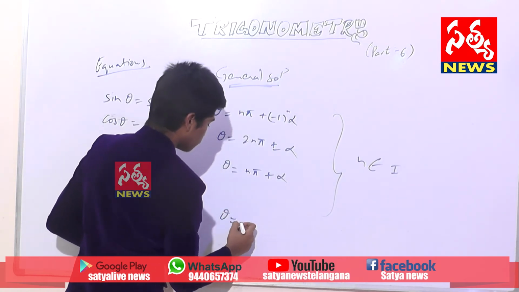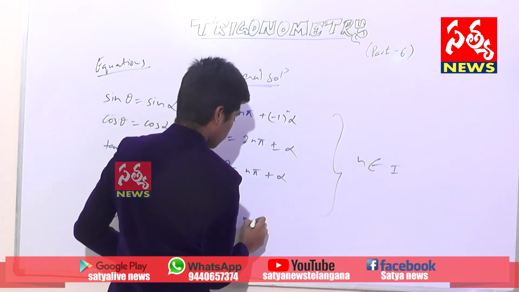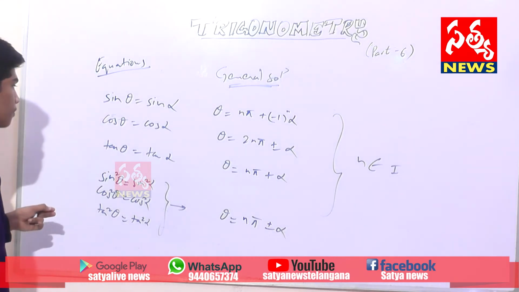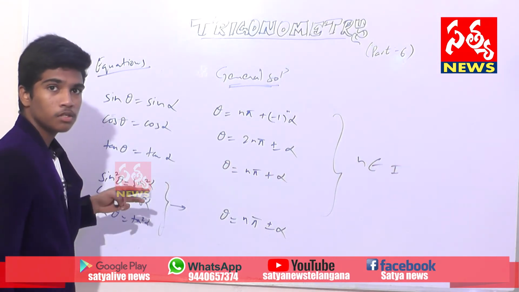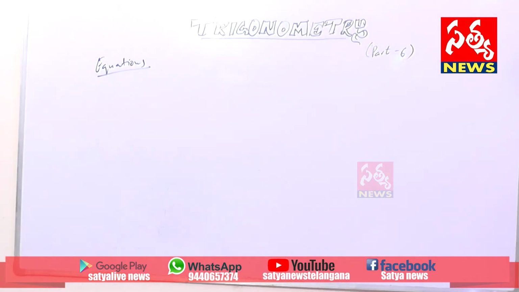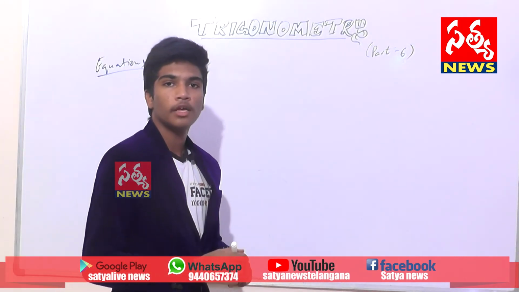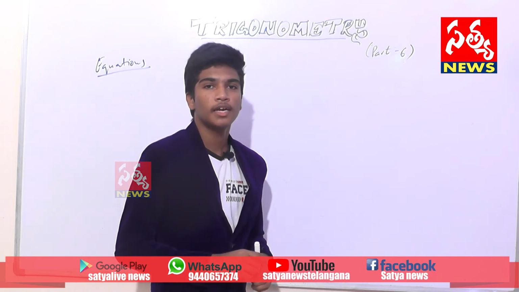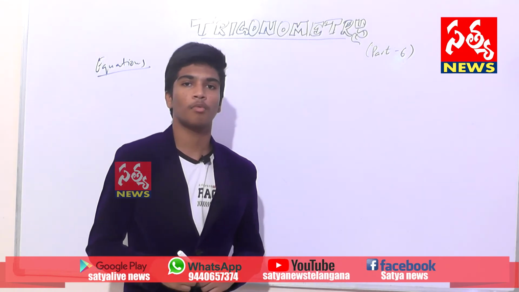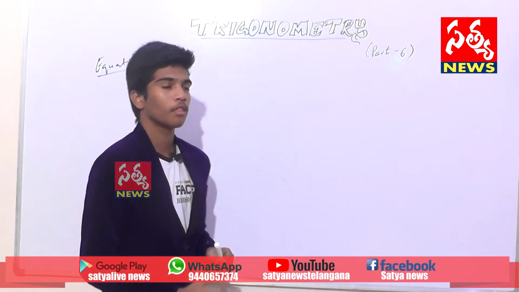Theta is equal to n pi plus or minus alpha. Okay, you have to remember this. In this video, let's end the concepts related to trigonometry, and in the next video we will discuss problems on it.